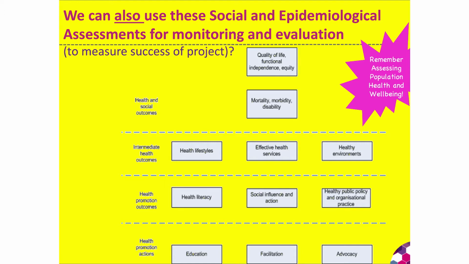And these will also feed into wider social indicators such as quality of life, the ability to function independently, to be able to wash and dress ourselves and go to work and do something interesting and useful to the person and the wider community. And also we can look at equity and inequality issues. So the social and epidemiological assessment can feed into how we might monitor and evaluate the final project.